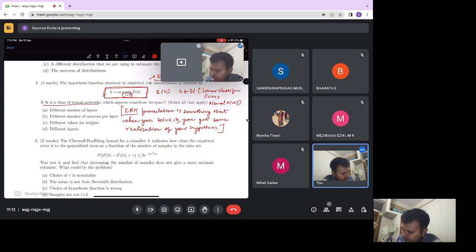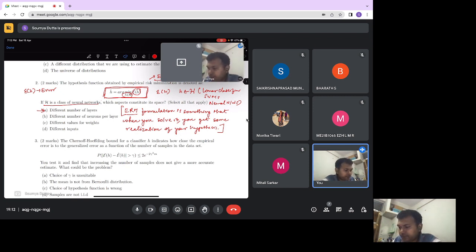Now if H is a class of neural networks, which aspects constitute its space? Of course epsilon H would be the error, and you need to minimize that error so that you get some particular neural network.